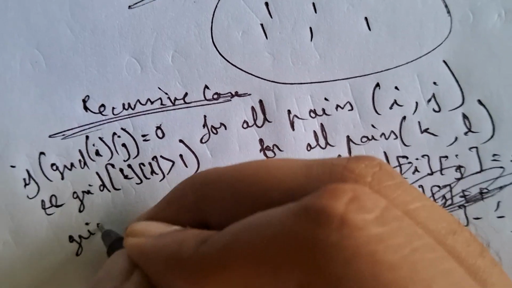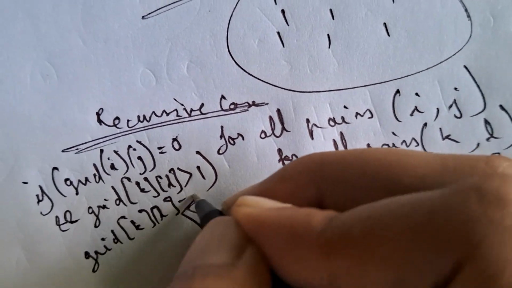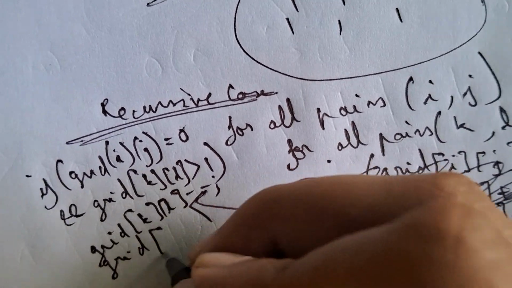So you subtract 1 from grid k, l and add that 1 to grid i, j.